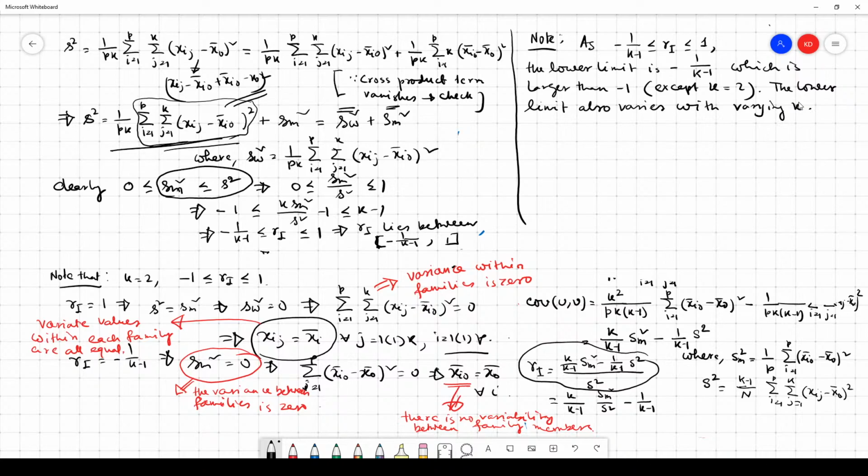Hence it is a skewed coefficient, that is not symmetric.